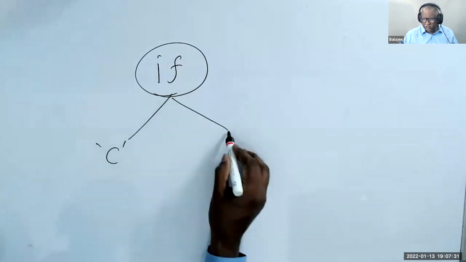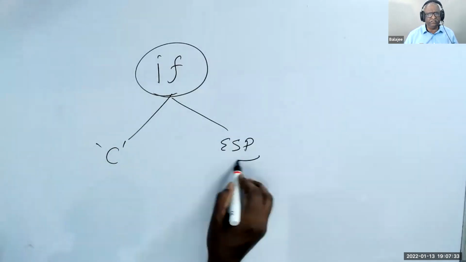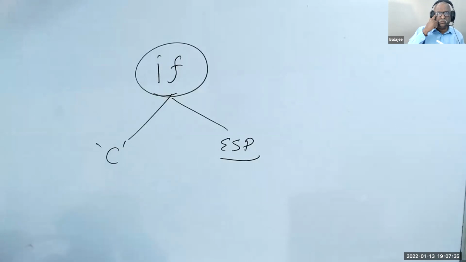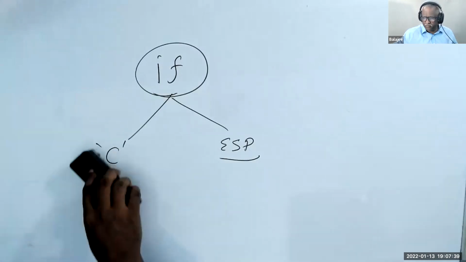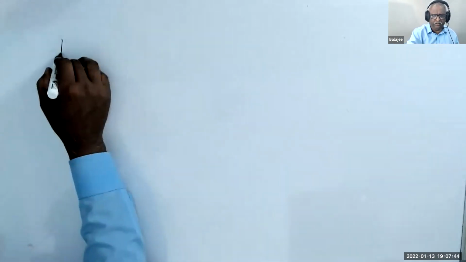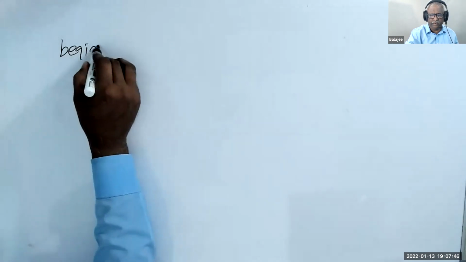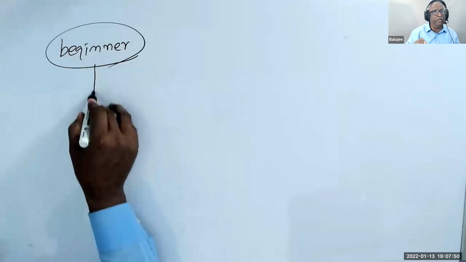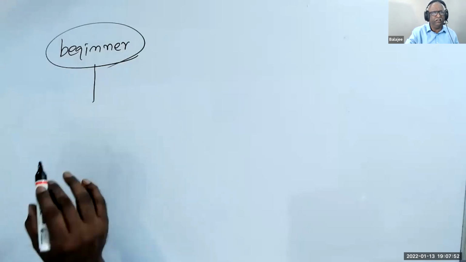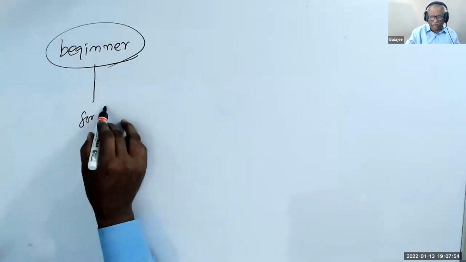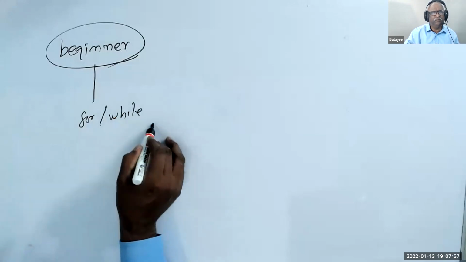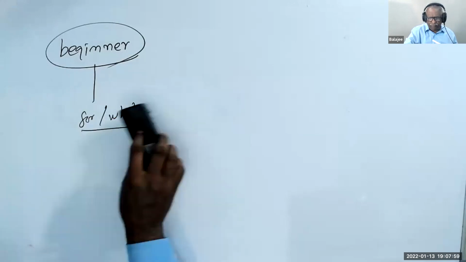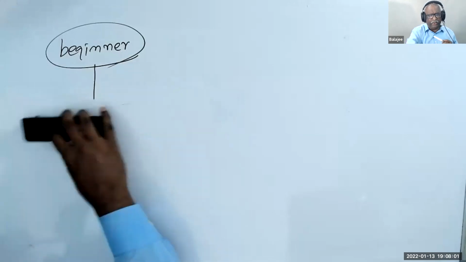You'll be a very good embedded system programmer. Both are the same; we get confused here. So if you are a beginner in C and you have not written many programs in C, always don't start with for or while. Always start with if. This one is very good actually.